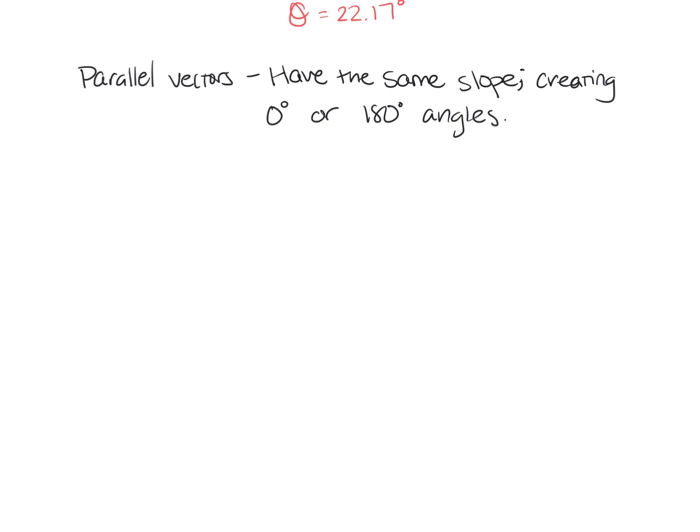It's possible that these 2 vectors might be equivalent to each other. That's something we would have to check later on. So we're going to be checking to see are vectors parallel, meaning that when we find their angle, they're either 0 or 180 degrees. Or we might also have orthogonal vectors.